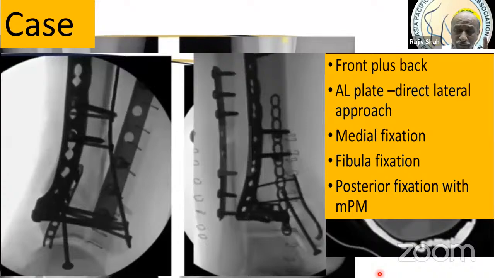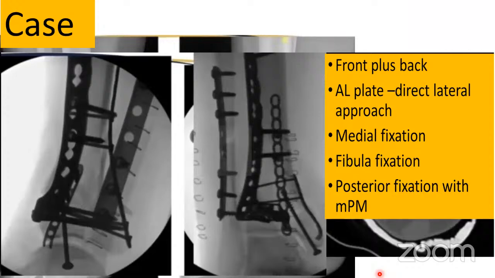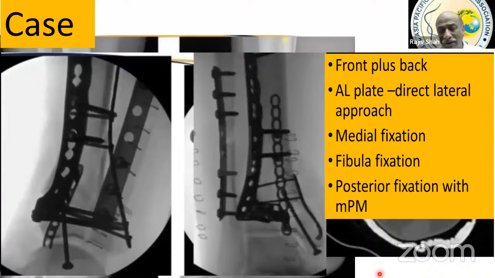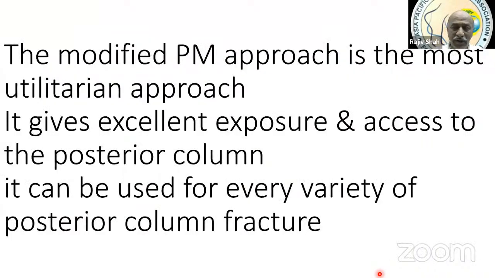So it's a beautiful approach. It gives you complete exposure and you have everything in front of you. Only thing, on one side there are neurovasculars. So it is better that you put in a temporary K wire, and with that K wire you retract the neurovasculars. You bend the K wire, and the bent K wire would retract the neurovascular side.